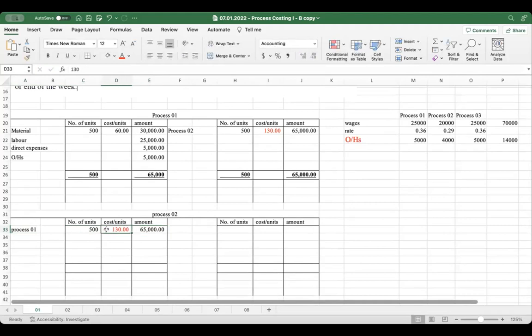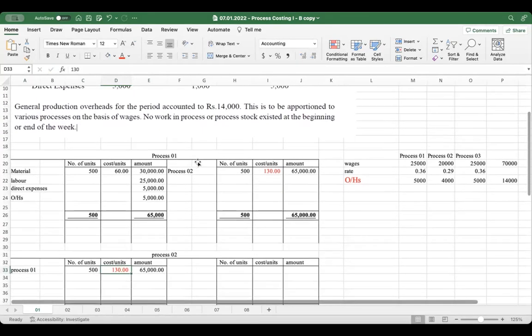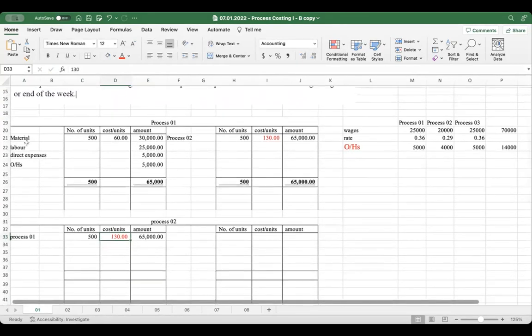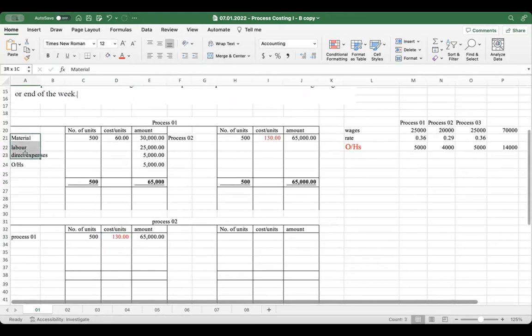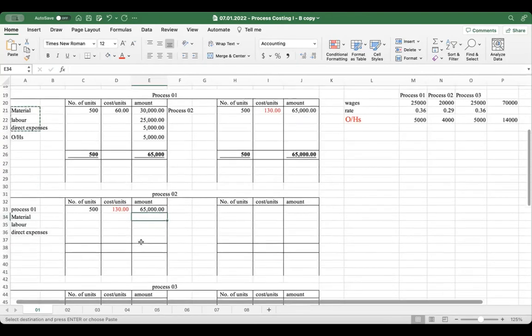Clear? Now let's put the data that are given in the question. Material 15,000, labor 20,000, direct expenses 1,000. So I will just copy these 3, okay? Material how much? 15,000.